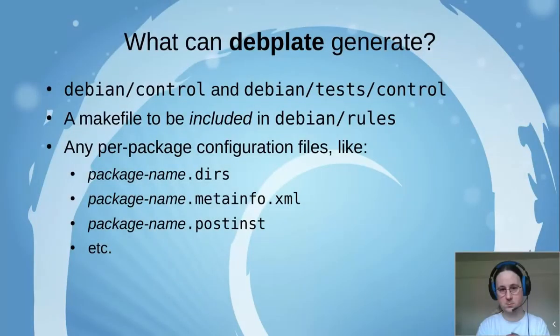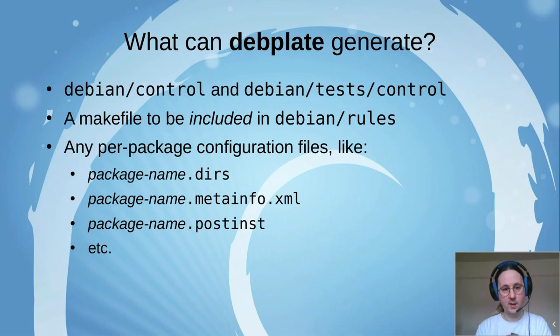So currently debplate can generate the Debian control file and Debian tests control. It can generate a makefile that would be included in Debian rules. It doesn't generate Debian rules because actually we want to have a static Debian rules to make it easier to invoke debplate.